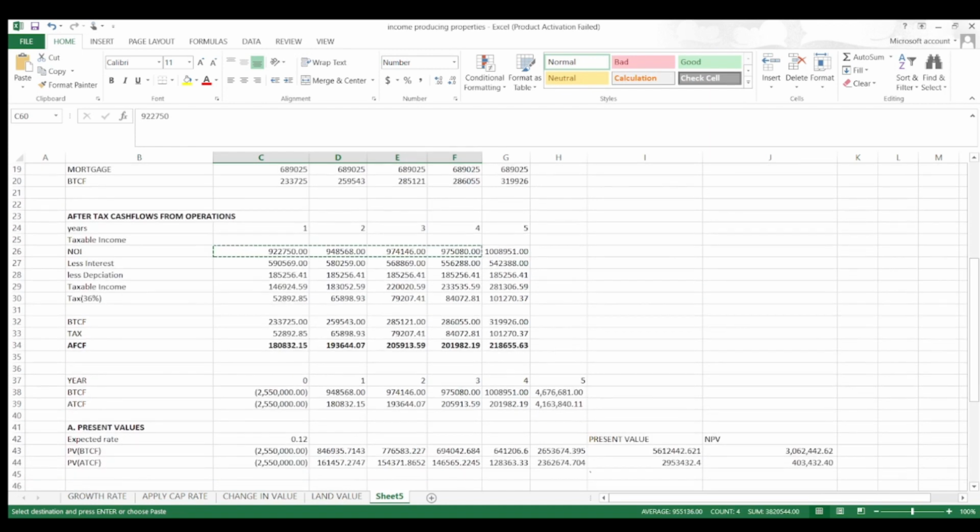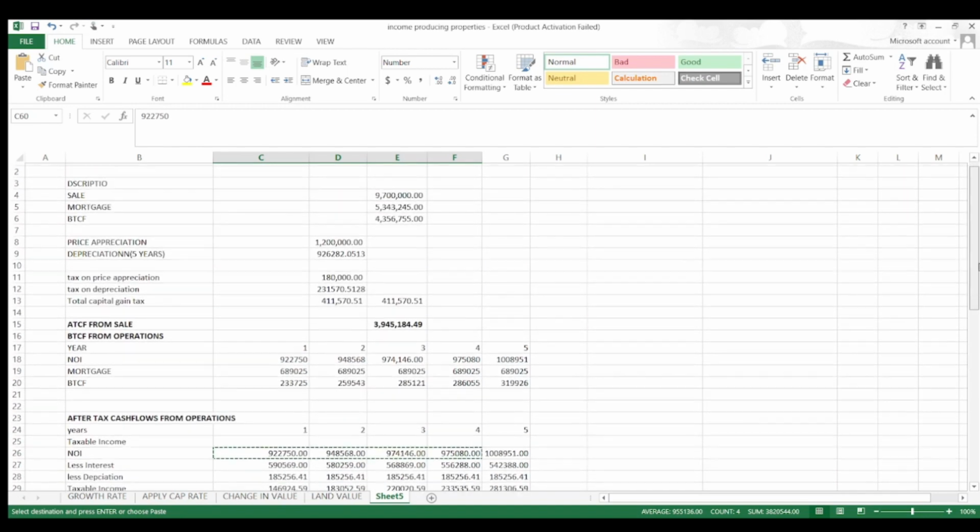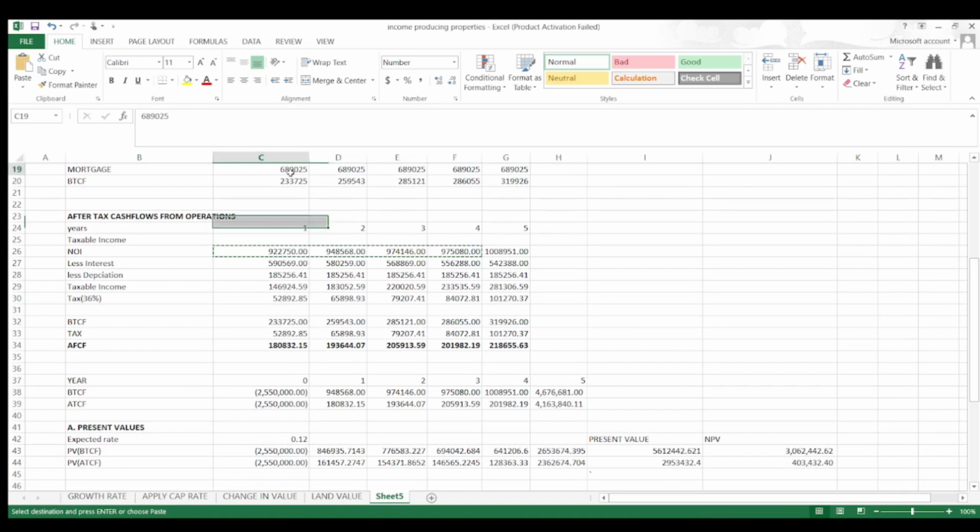And we had also earlier indicated our mortgage payments for year 1 to year 4.